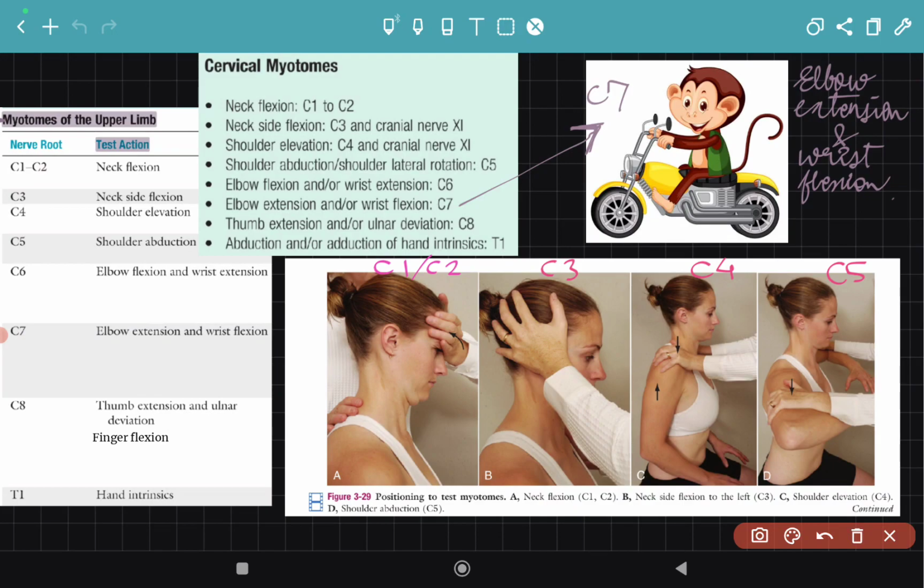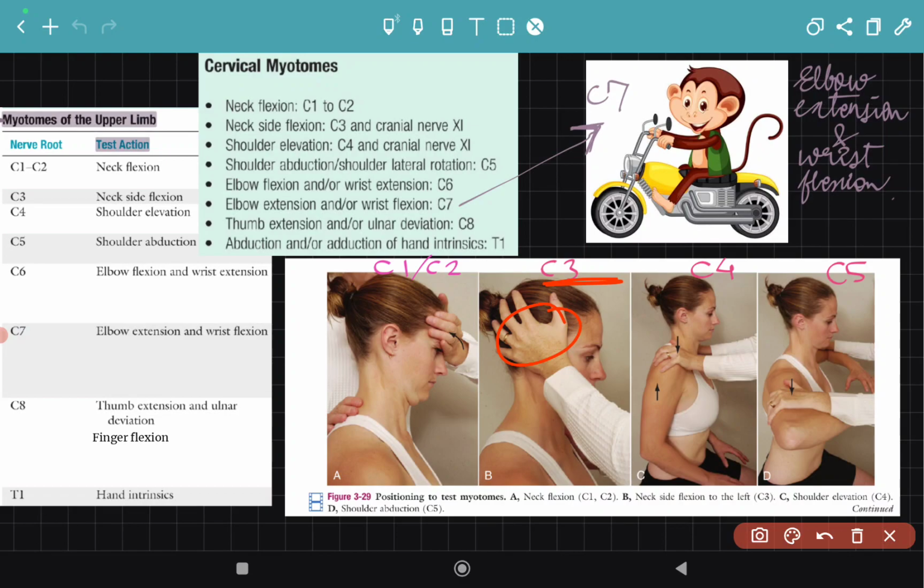C3 is for neck side flexion. Along with C3, cranial nerve 11, the accessory nerve, is also responsible. Now focusing just on the nerve roots, the spinal nerves emerging, for C3 it will be side flexion. It can be appreciated in this diagram how it is tested.